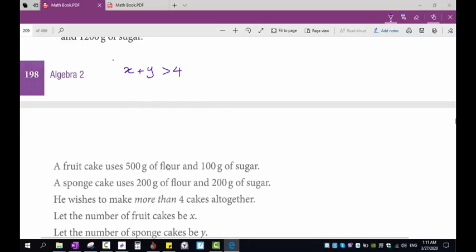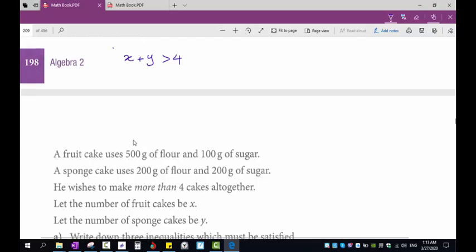The other 2 inequalities are about sugar and flour, because the only limited things in this word problem are flour and sugar. So the second and the third inequalities are about the amount of flour and the amount of sugar.